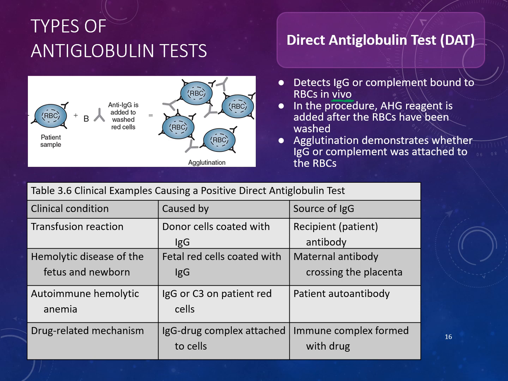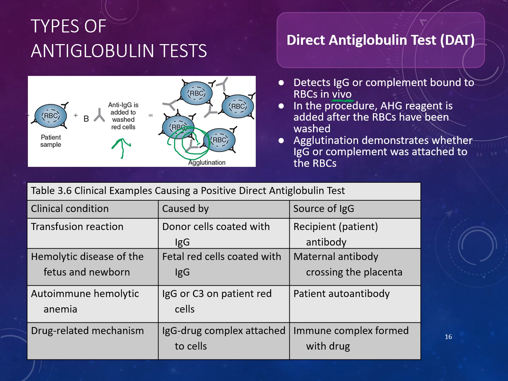In order to do that, we first take the anti-IgG reagent and mix it with the patient's red cells to see if we get agglutination where those cells have already been coated with IgG. In this procedure, you have to wash your red blood cells before you add that reagent in order to remove any unbound proteins.